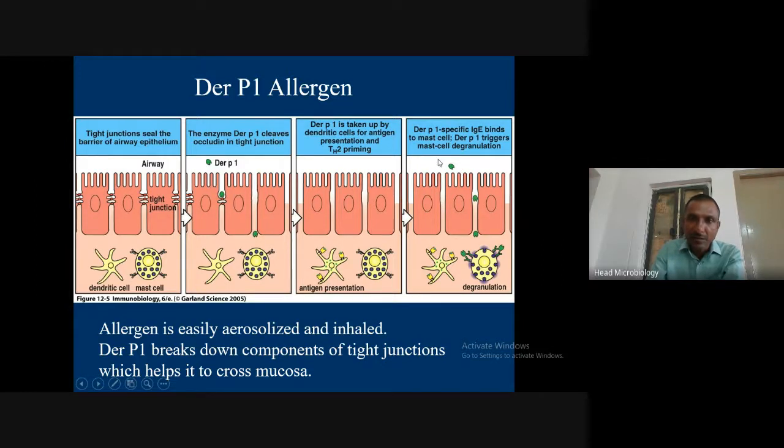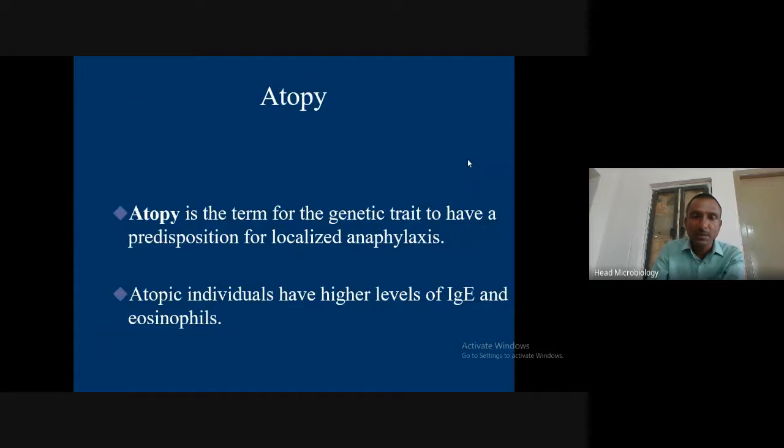And the specific immunoglobulin, IgE, binds to the mast cells. The allergen is easily aerosolized and inhaled, breaking down the components of the tight junction across the mucosa.